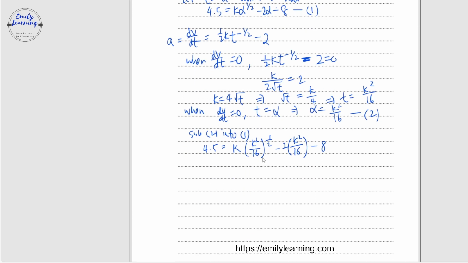Then next, this will be equals to 1/8 k squared. Minus 8 minus 4.5 equals to 0. So this is 25 over 2.